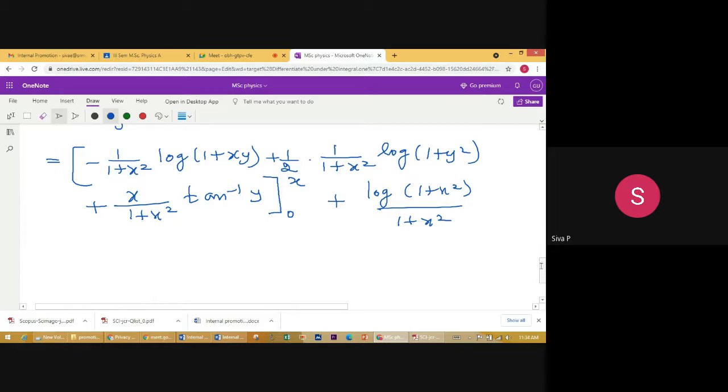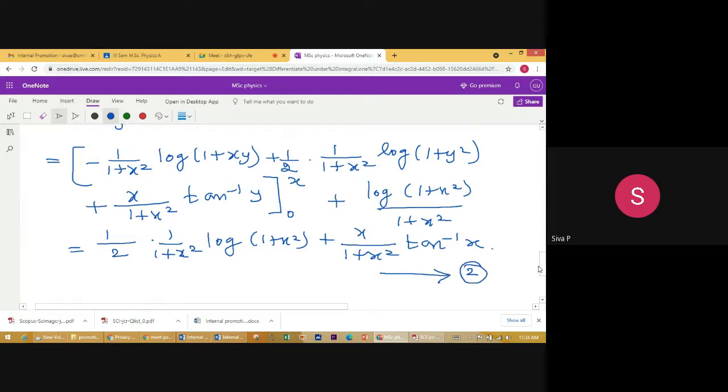So finally we are getting 1 by 2 into 1 by 1 plus x square log 1 plus x square, plus x by 1 plus x square tan inverse of x, which is equation number 2.